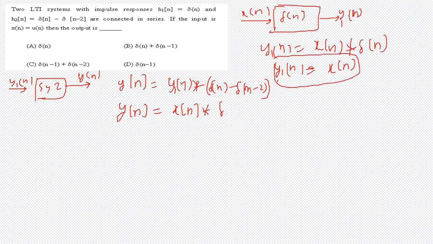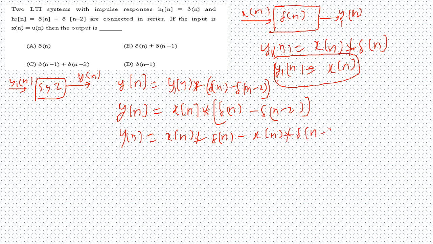Again it is getting convolved with del of n minus del of n minus 2. Now again we can use the property of convolution. We can separate these two out, so what we get now is del of n minus 2.